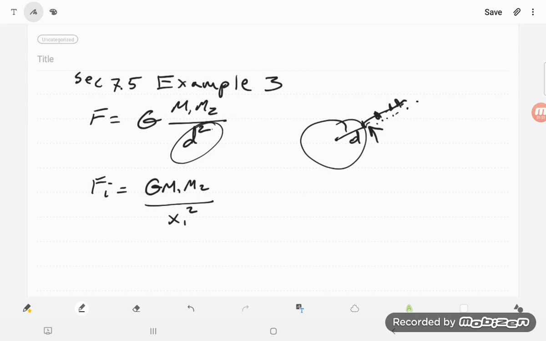Okay, so now they mention some assumptions. One of these masses is the mass of the Earth. They're saying that's constant. They're saying the other mass, which would be the mass of the space module that we're trying to put into orbit, or the rocket, is not changing.